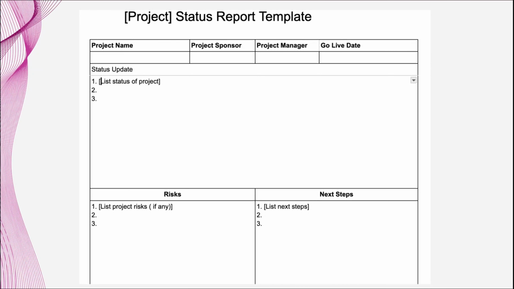So you just want something that's very simple and straight to the point, where they could just glance through and see where you are, see what risks you might have, and then also just take a quick look at what they should expect to be coming along in the project.